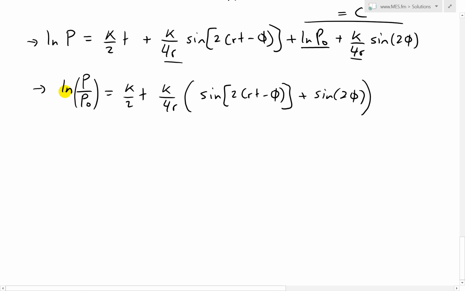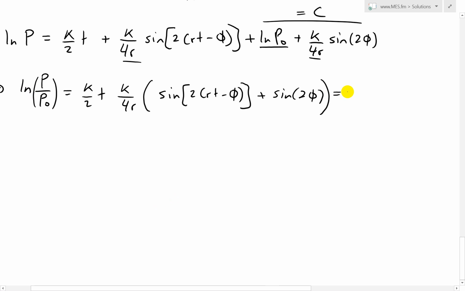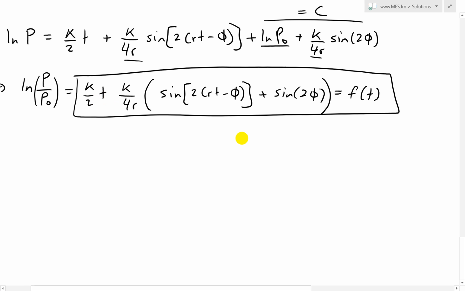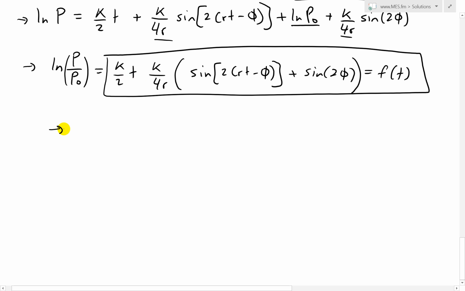But before we get to that, I'll let this side equal f of t. I'll just circle this whole thing. I'll write this as a function of t, just to simplify it. So then what we end up having is ln p over p0 is equal to a function of t.